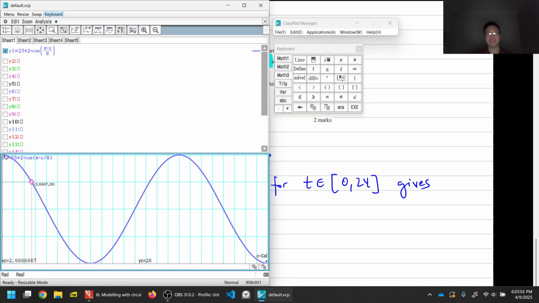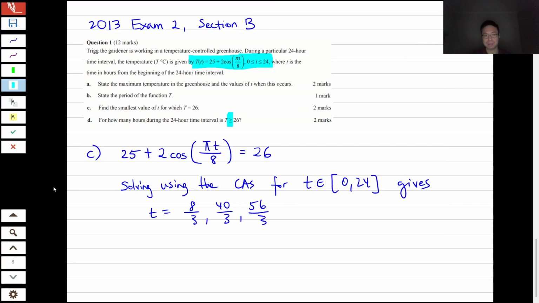And so for values between 0 and 8 on 3, it's above 26. Then if I go to the right by pressing the right arrow, the next one is 13.3333, which is 40 on 3. And this one, 18.667, is the last solution, 56 on 3.